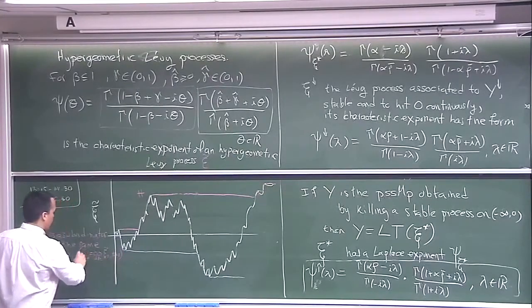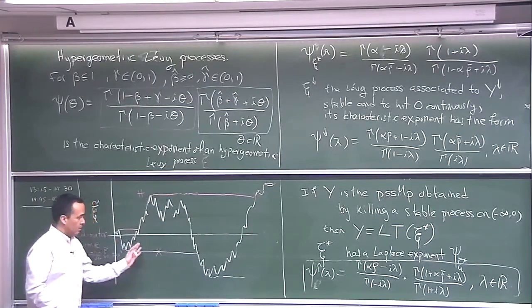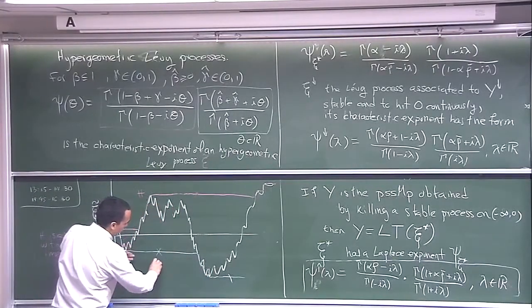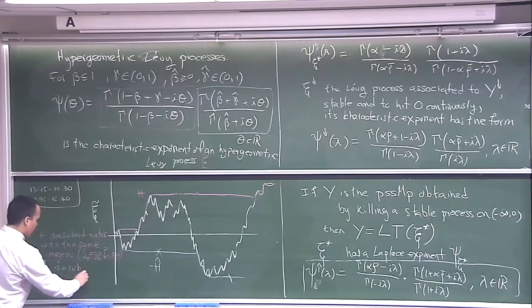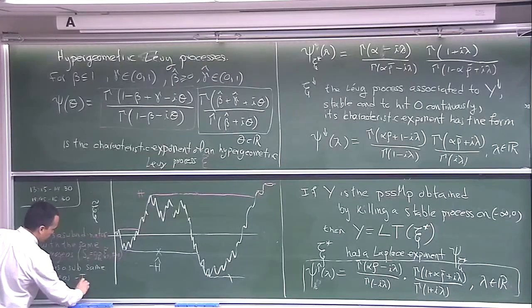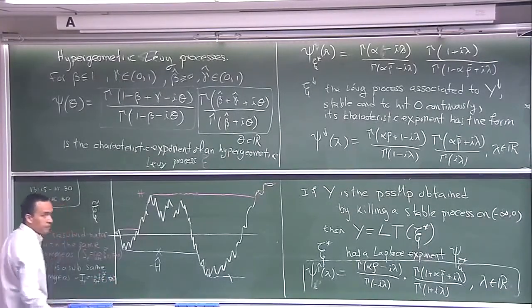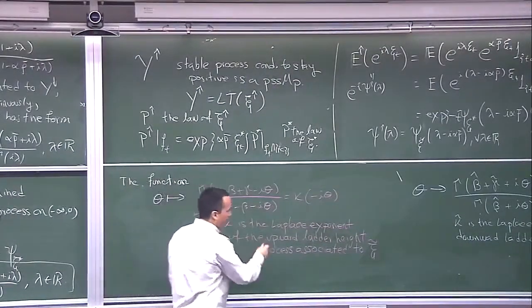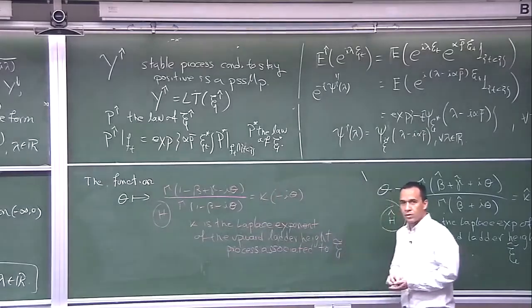For t positive. And then, if we keep track again of the infimum and we delete these flat spaces, and we take the negative, we get minus h hat. And h hat is again a subordinator with the same image as minus I_t, which is minus the infimum of psi tilde_s for s less than or equal to t, for t positive. These two subordinators are what is called the upward and downward ladder height processes.